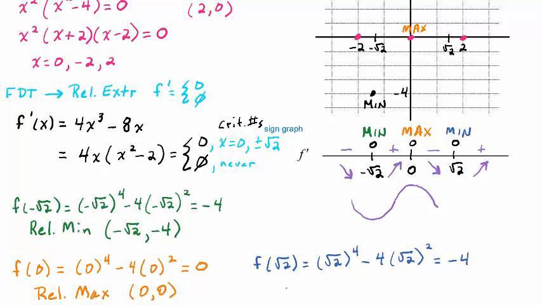So we will have another relative minimum at the point radical 2, negative 4. We can put that on the graph, over to rad 2, down to negative 4. We know that will be a relative min. And that also makes sense with the sine graph that says we have to change over from decreasing to increasing.